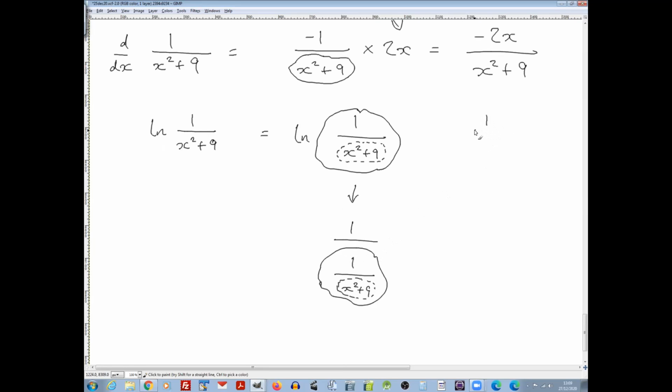What's 1 over something? For example, 1 over a half is? 1 divided by a half is 2, because it's like 1 times the reciprocal of a half, 1 times 2, which is 2. In general, 1 over 1 over x is x over 1, which is x.